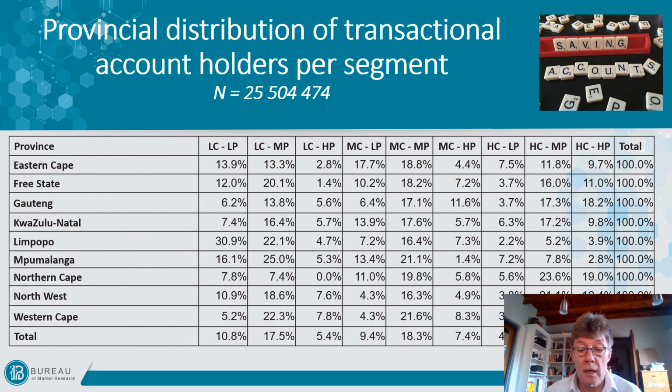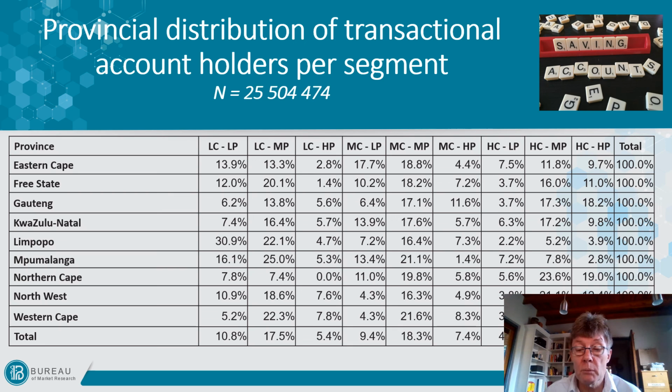Then just finally, a provincial distribution of transactional account holders per segment. And what we find, for example, here is that the provinces where it's very high with respect to basic transactional accounts include, for example, in the low consumption capacity, low potential group, the Eastern Cape, also Limpopo province, Mpumalanga, and what we find, for example, here, that it's mostly a single bank account that a person have got with a strong volume market provider in the financial sector.